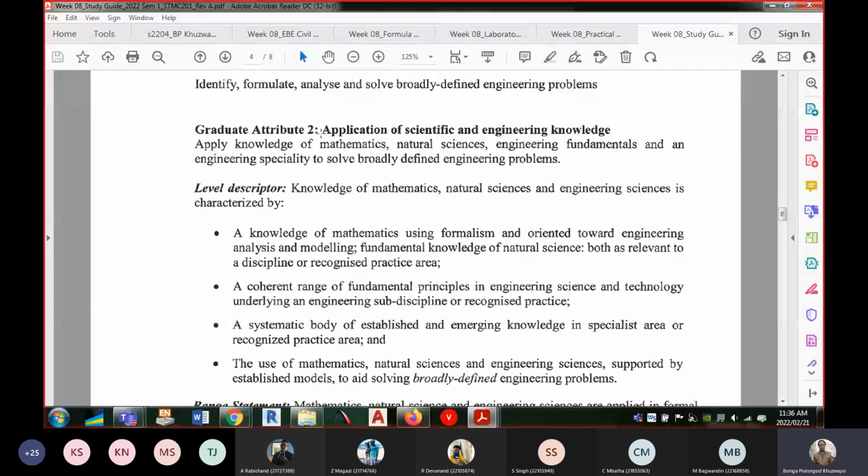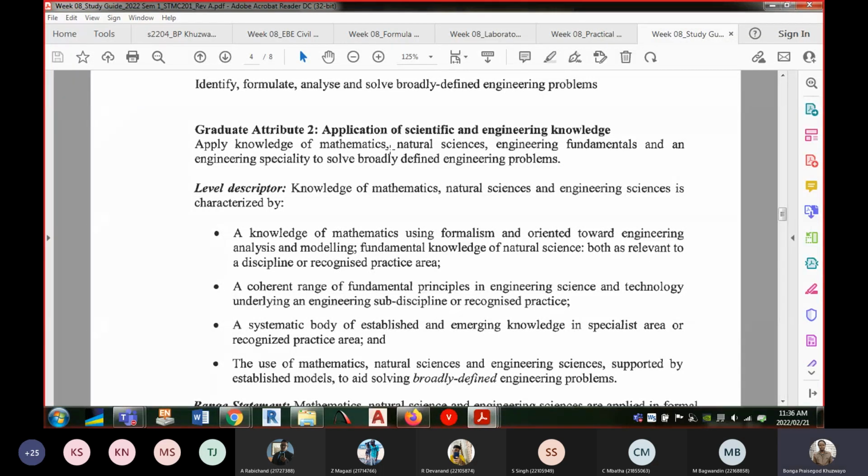Graduate attribute 2 is about application of scientific and engineering knowledge. Here we apply knowledge of mathematics. To give you an example, I'll give you an area that is defined by, say, 2 equations.